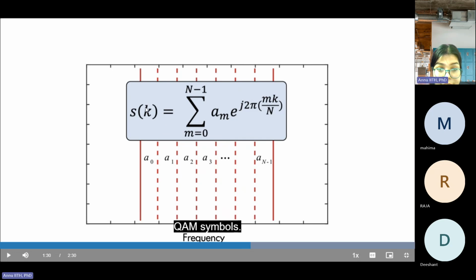And one OFDM symbol is actually the sum of each frequency translated QAM signal. So this is the sum. What do you think this formula is? This is nothing but the IDFT.